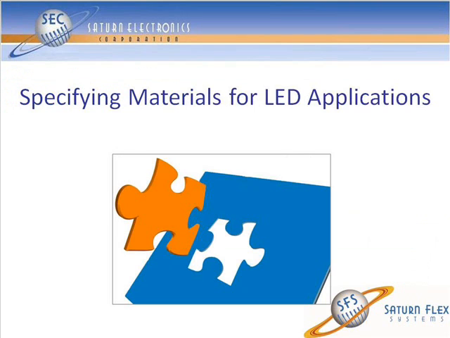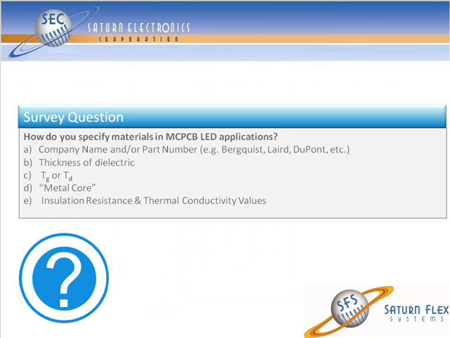Moving forward, maybe we'll get a little bit interactive. Show of hands: how do you currently specify your materials? Raise your hand if you're calling out actual part numbers of materials, for example, a Bergquist MP3 or a Laird 1KA. Are you specifying thicknesses of dielectric?